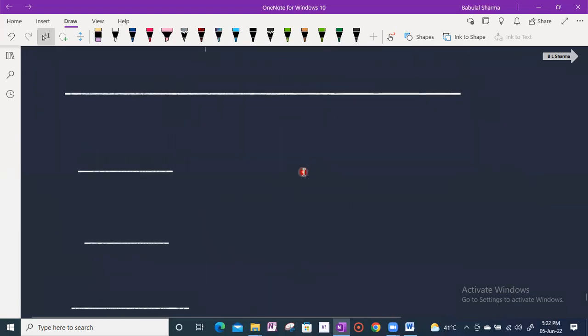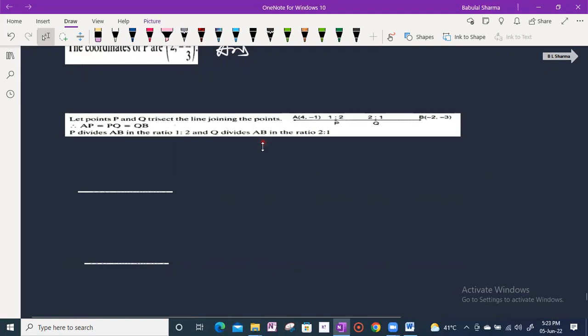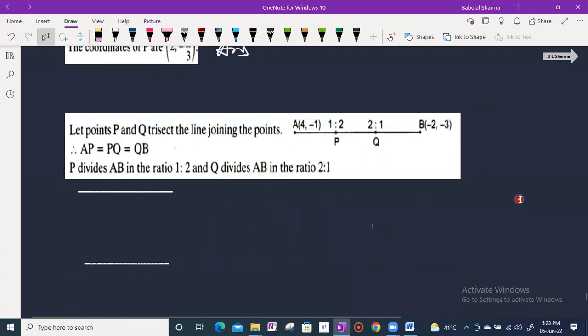Now we have to find out the coordinates of point Q. Again, we know that point Q divides the line segment in the ratio 2:1. AQ 2 part है, तो QB 1 part है. तो x1 is 4, y1 is minus 1, x2 is minus 2, y2 is minus 3, m is 2, and n is 1.